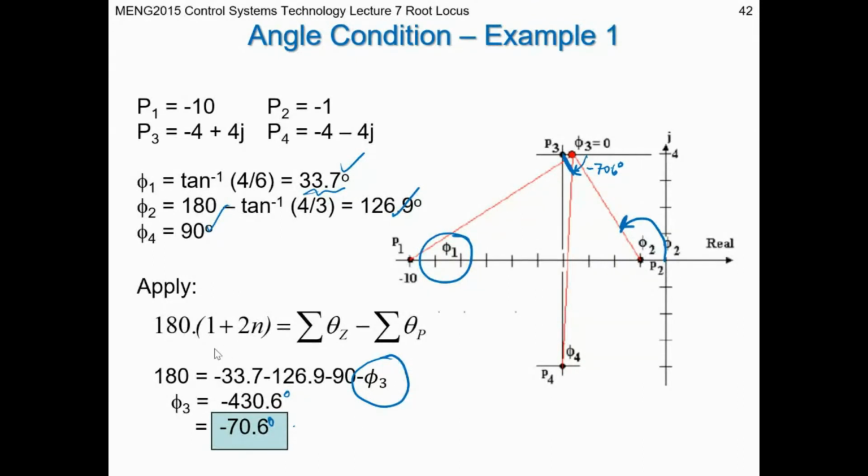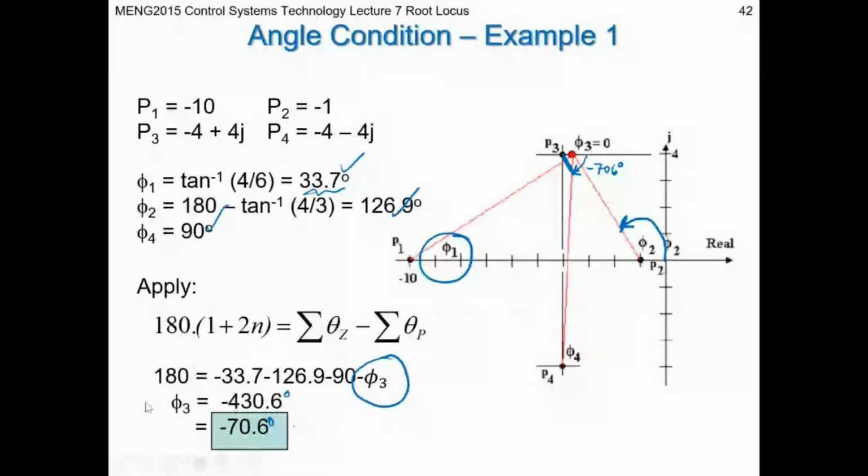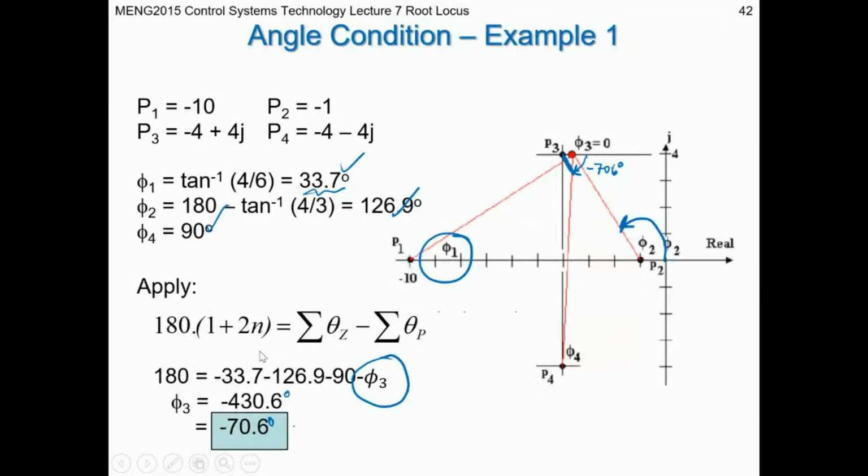The next value, 5 times 180, would be 900.